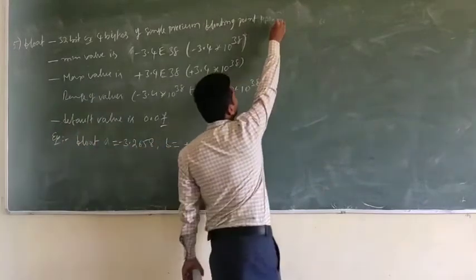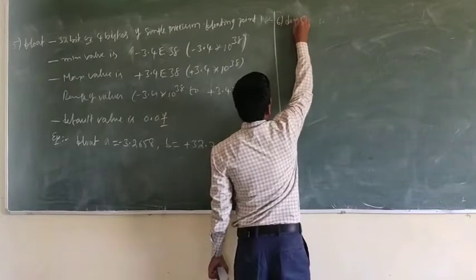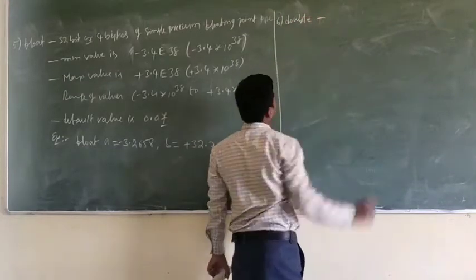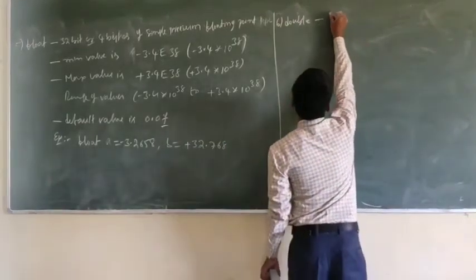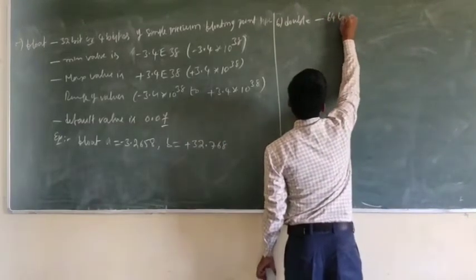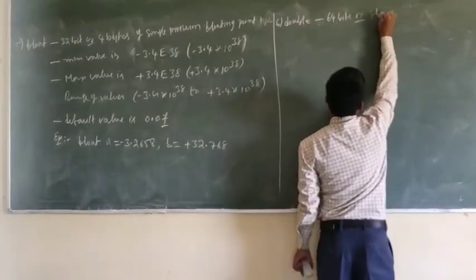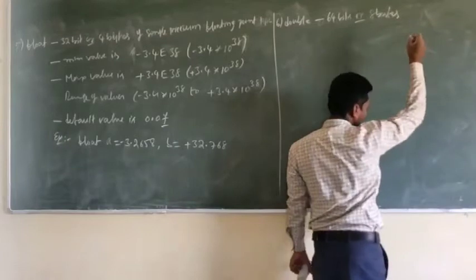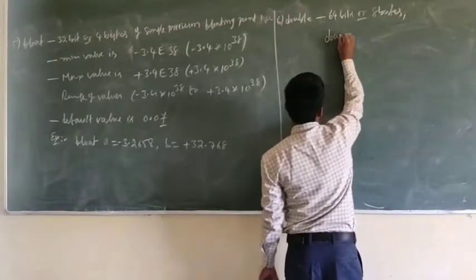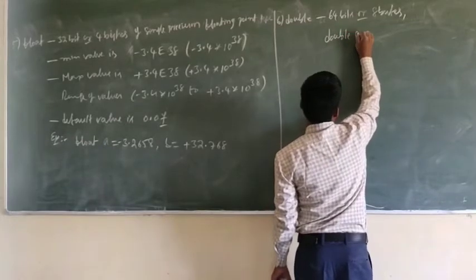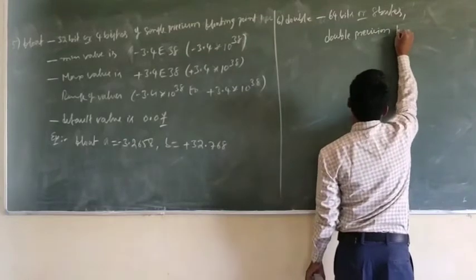Next, double. See, the double data type size is 64 bits or 8 bytes, and it is a double precision floating point type.